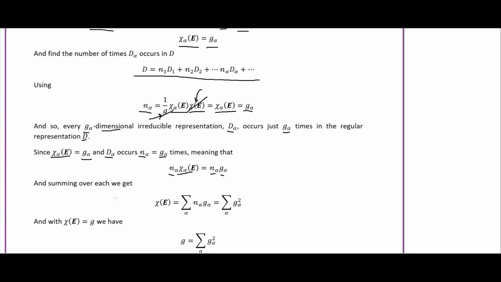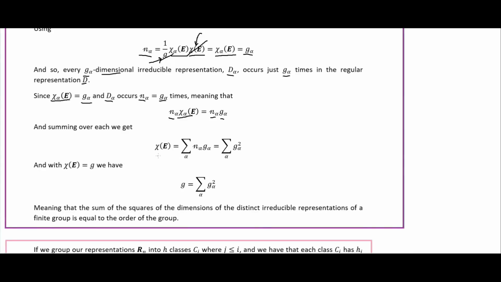And so summing over each, we get that the character of our regular representation is equal to the sum of the n alpha times g alpha, which, since we said that n alpha is equal to g alpha up here, we can substitute g alpha in for that n alpha. We get this g alpha squared. And so we change this identity for g down here, and we see that the order of our group is equal to the sum of the dimensionalities squared.